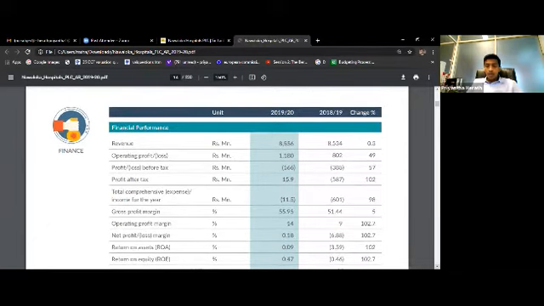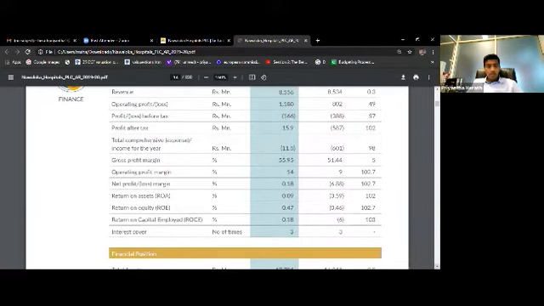And net loss margin 18.18 and last year 6.88, and return on assets 0.09 and last year negative, and ROE, right? So this is the summary. And return on capital employed, interest cover 3, right?